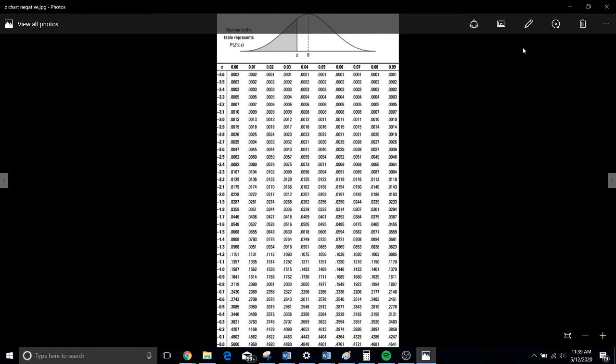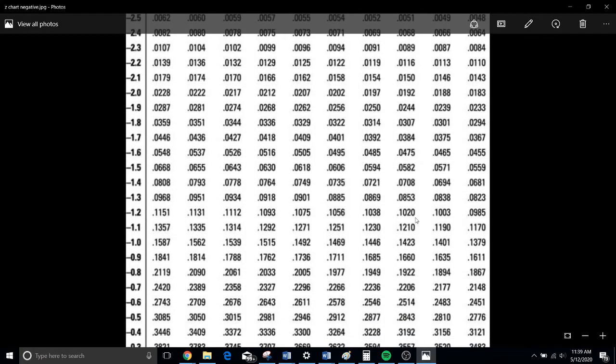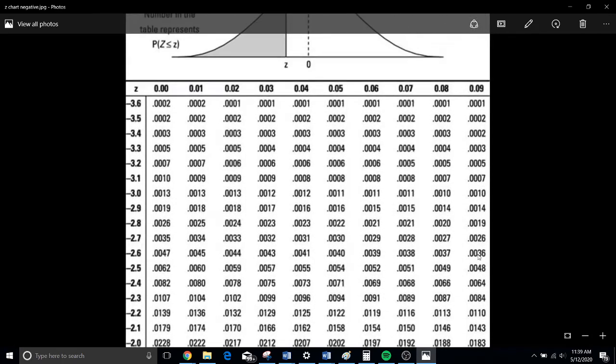I can zoom in a bit to make that easier to see. So right around here at about 10%. We look and it has negative 1.2. We follow it all the way up and find it to be 8. So negative 1.28 is going to be the z-score for our alpha level.